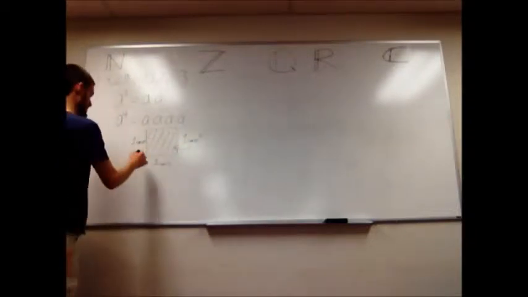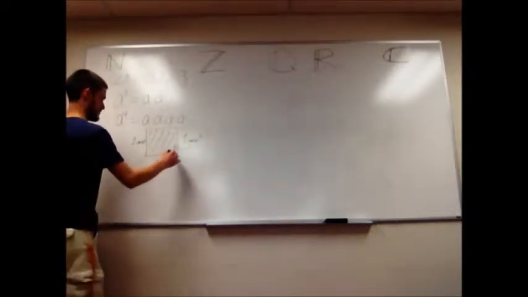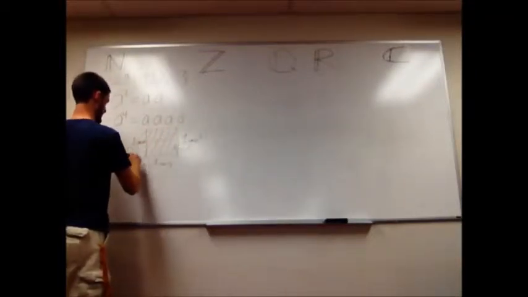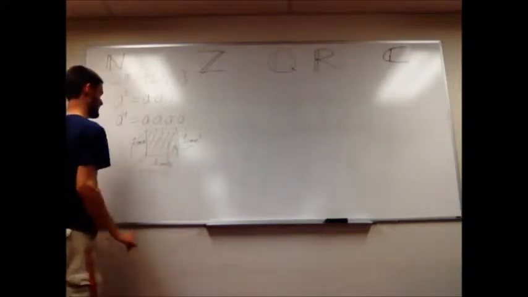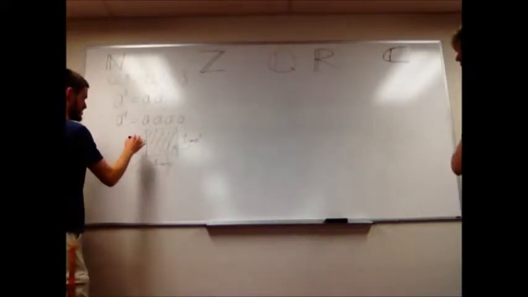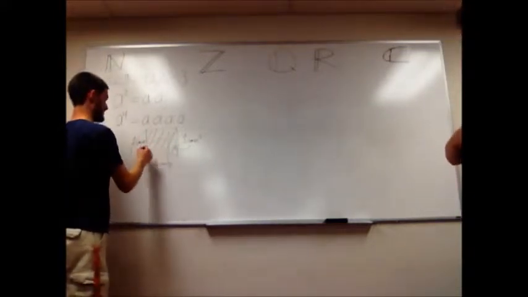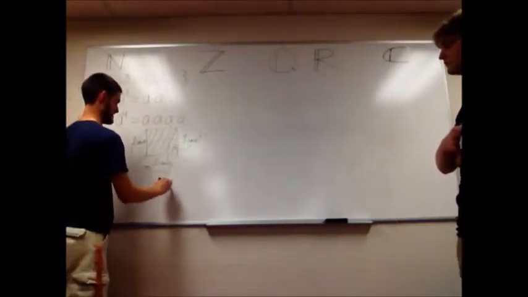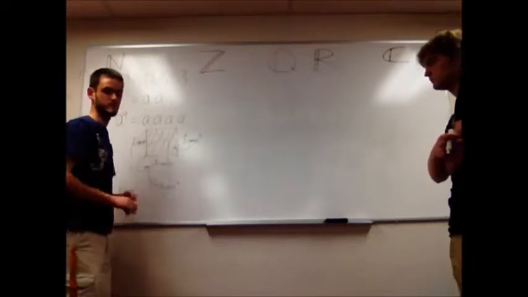If we want to cube the unit, we'll imagine this coming out of the board here. We have a nice cubed unit where the volume throughout is 1 unit cubed.